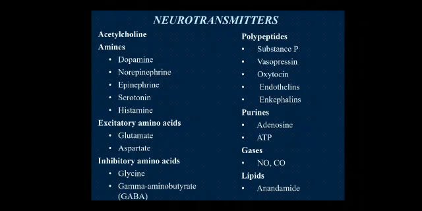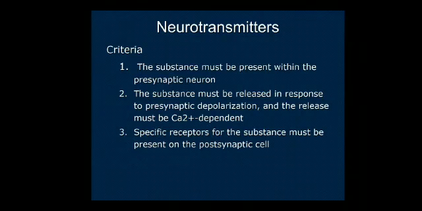Gases like nitric oxide and carbon monoxide, and polypeptides like substance P, vasopressin, oxytocin, and endothelin. All these are examples of neurotransmitters.